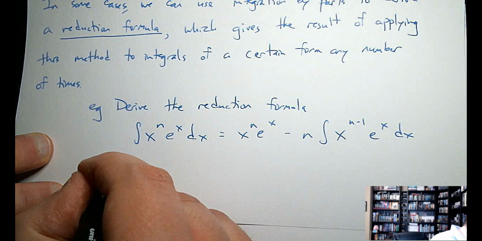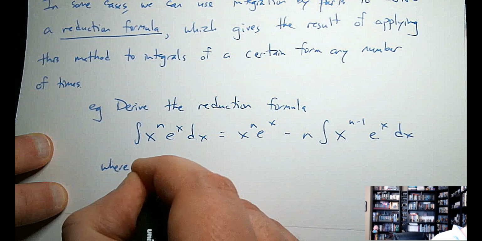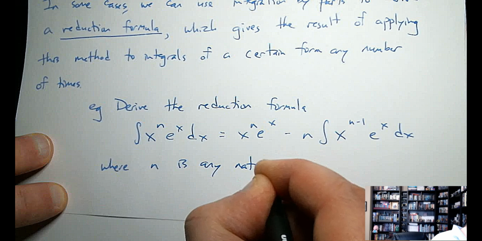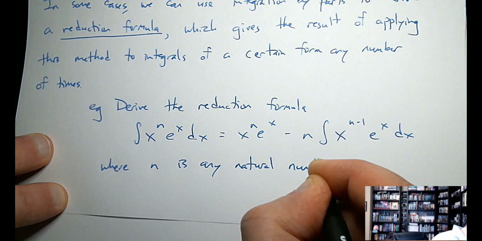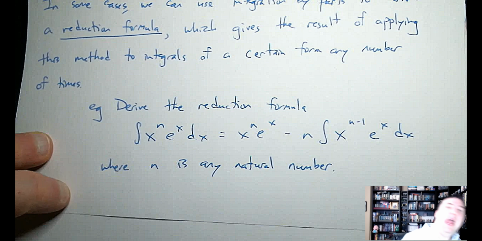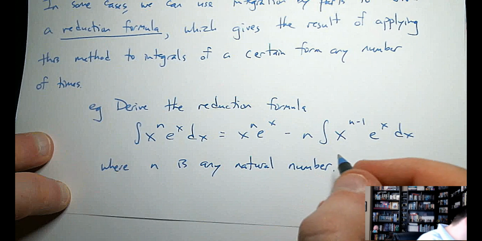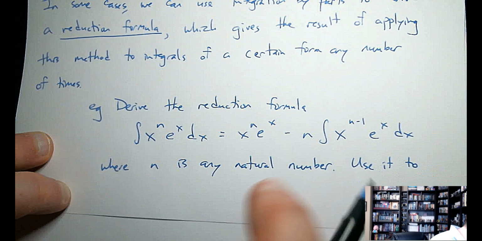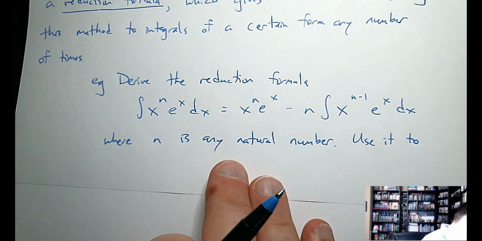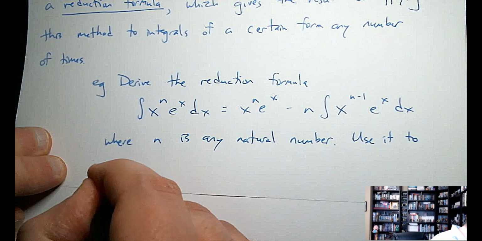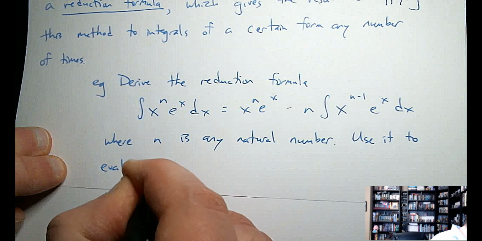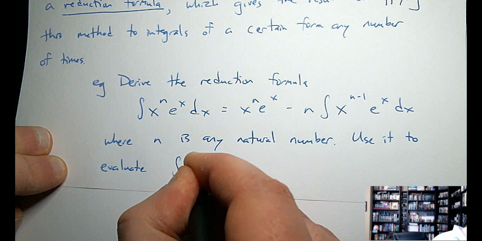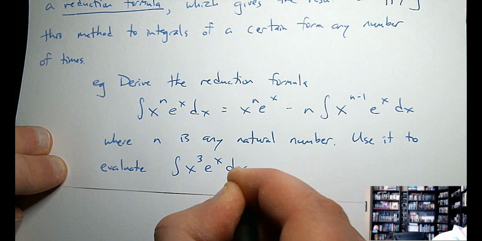So again, where n here is any natural number, and then we're going to use it to evaluate a specific integral, let's say where n is 3. Let's say the integral of x cubed times e to the x.